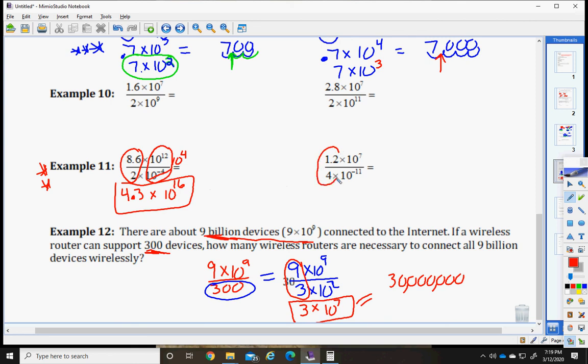Let's do this next one. This is a 0.3 times 10 to the, so this negative exponent I can rewrite as a positive by moving it. I get 10 to the 18th power. This isn't correct scientific notation because of that 0.3. I wanted to say 3.